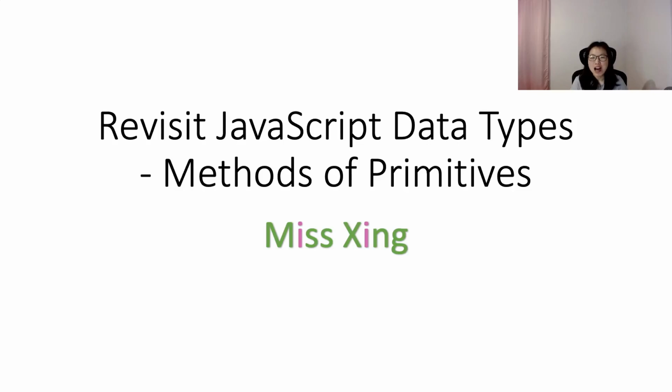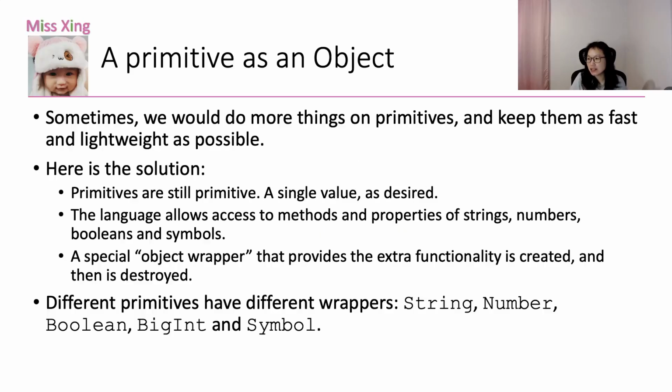In this video, I'm going to cover what happens when we call methods on primitives. Sometimes we want to do more things with primitives. For example, with a string, we want to see the length of the string, or change all the string to capital letters or lowercase.